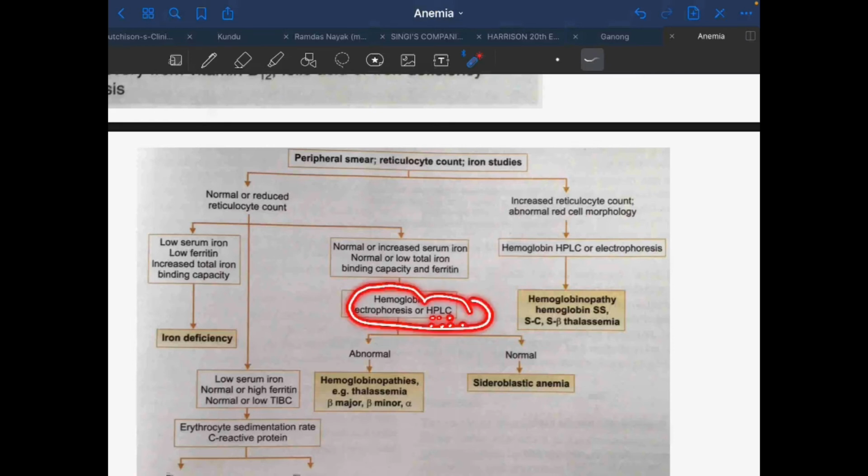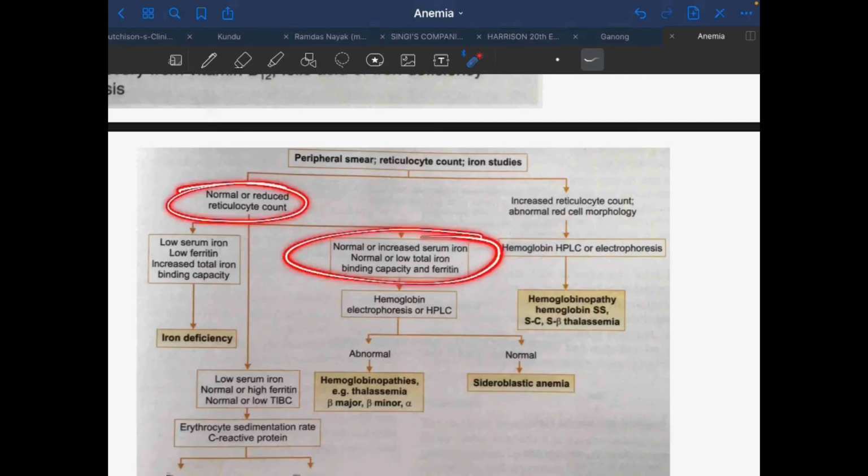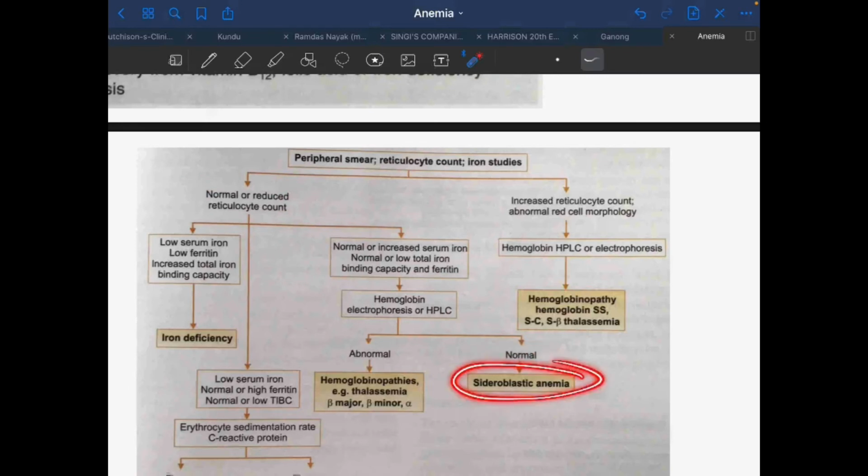After doing this investigation, we have two results, abnormal or normal. If the hemoglobin electrophoresis is normal, we will call it sideroblastic anemia, that is, normal reticulocyte count, normal iron level, and normal hemoglobin electrophoresis result leads to sideroblastic anemia.